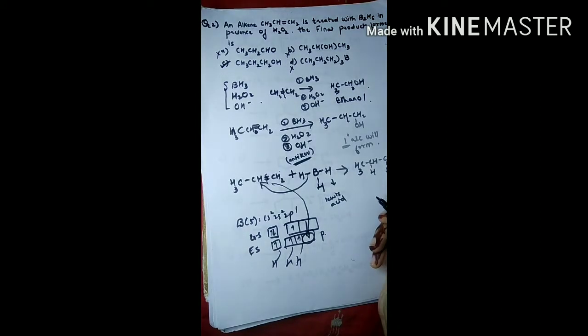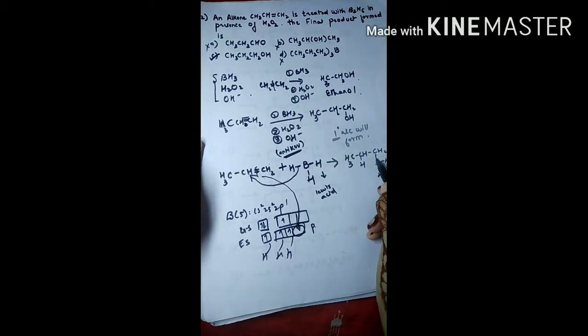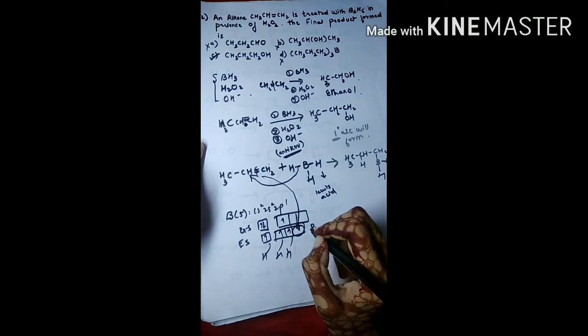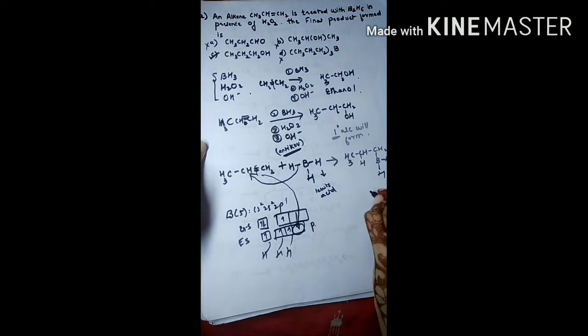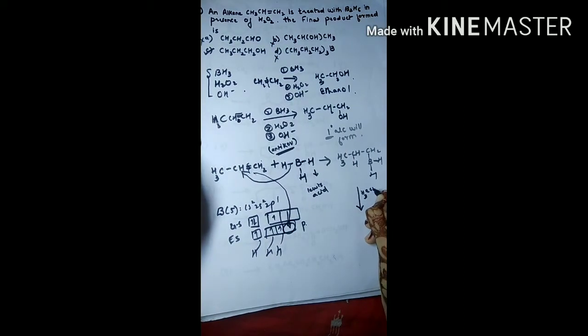The CH2 will get attached to the BH2 and simultaneously the hydrogen will get attached to the left side of the double bond. Now you can see here again the p orbital is vacant because the valency of boron is again 3 and one of the p orbitals is vacant. Then we'll take another alkene, that is propene.